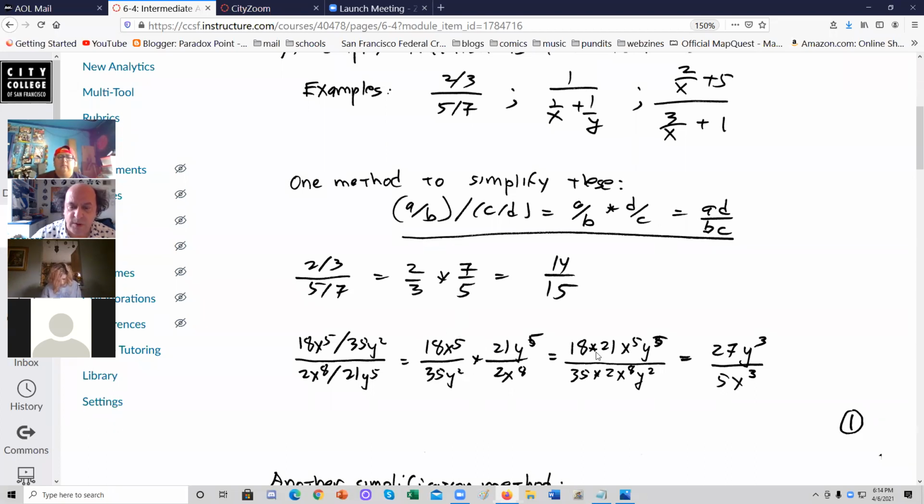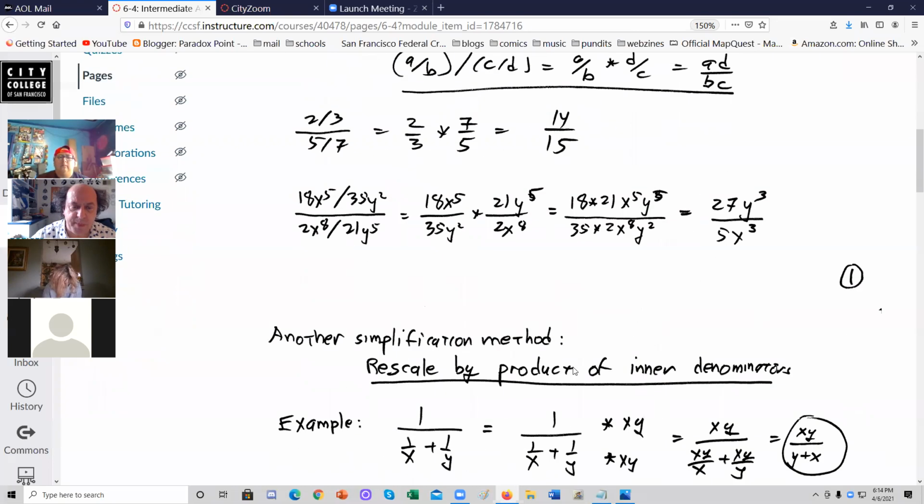So 18 times 21, x to the 5th times y to the 5th, over 35 times 2 times x to the 8th, y to the 2nd. After you cancel a bunch of common factors, you get 27 over 5. Here, y to the 5th over y squared leaves a y to the 3rd power in the numerator. X to the 5th over x to the 8th leaves an x to the 3rd in the denominator. So it's 27y cubed over 5x cubed.